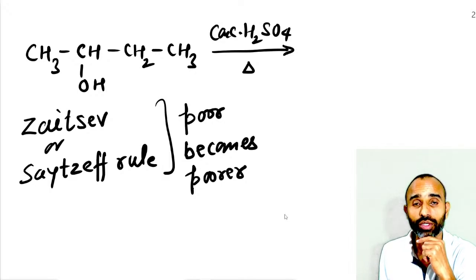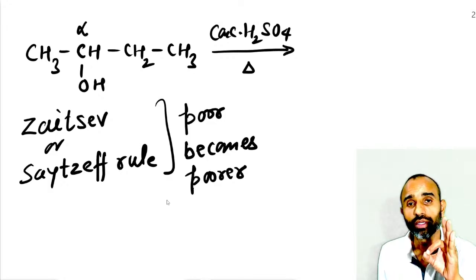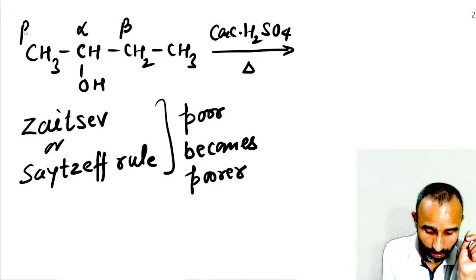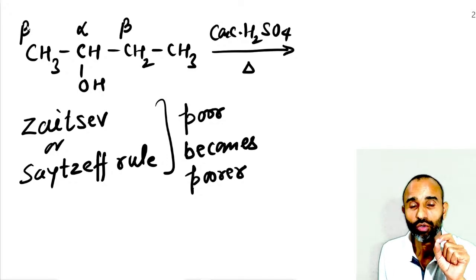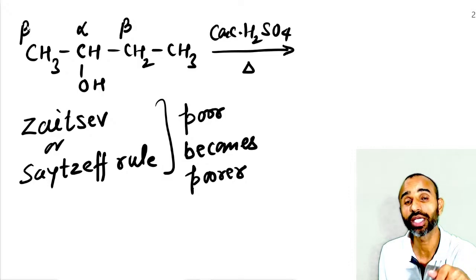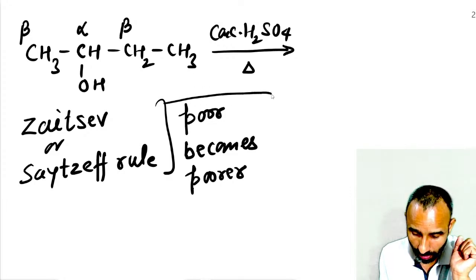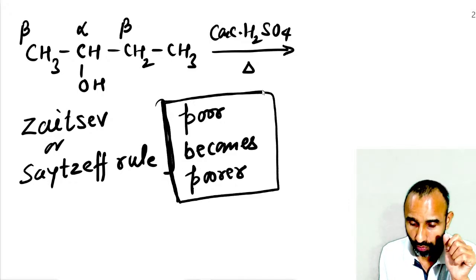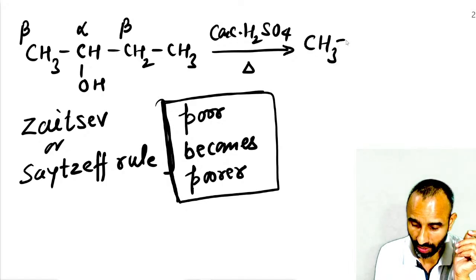Poor becomes poorer means this is the carbon in which OH is attached, that is called alpha carbon, and next to it is beta carbon. So beta hydrogen is removed from that carbon which has lesser number of hydrogens, means poor becomes poorer, meaning the carbon which has fewer hydrogens becomes even poorer. So the major product is this one.